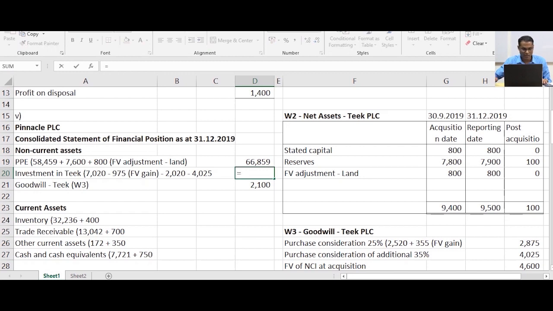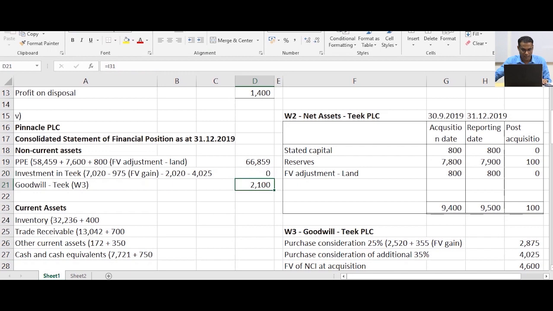Here you see ultimately the value has to be 0: 7,020 minus 975, the cumulative fair value gain has been deducted. Then you have deducted the cost of investment of the 25%, 2,020. You also deducted the cost of investment of 35%, 4,025. So it has to be 0, and you see, it is 0.